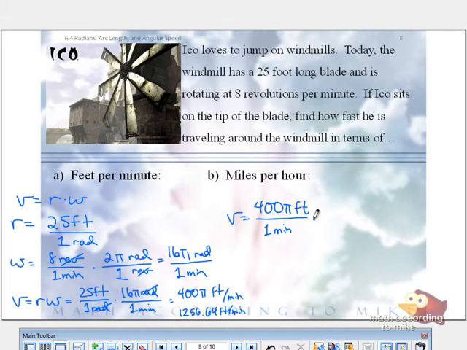Feet is currently on top, so which means when we convert, feet will go downstairs, miles will go up top. I'll do the hard part. 1 mile is how many feet? Times. Minutes has to go to hours. What's our unit fraction? 1 minute, 60 minutes to 1 hour. Yep.